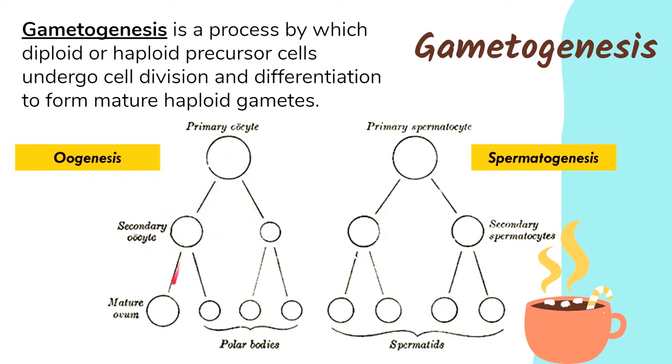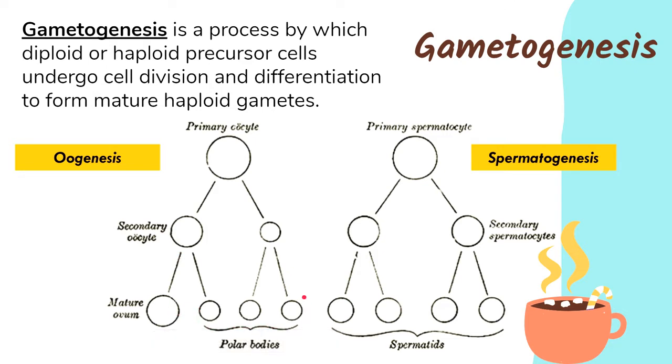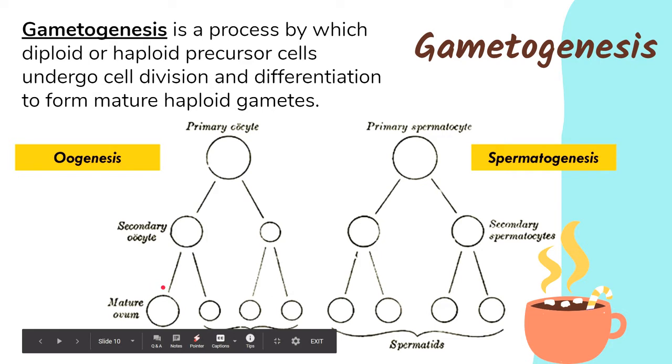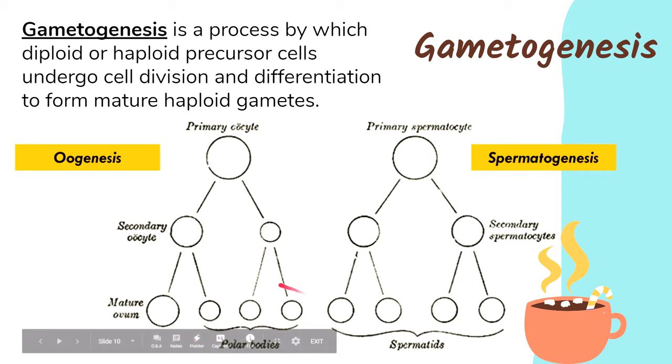However, only one out of four daughter cells will actually mature into an egg cell, while the rest will degenerate as polar bodies. So they will not be used. They will not mature into an actual egg cell. So as you can see, one primary oocyte gives rise to one mature egg cell.